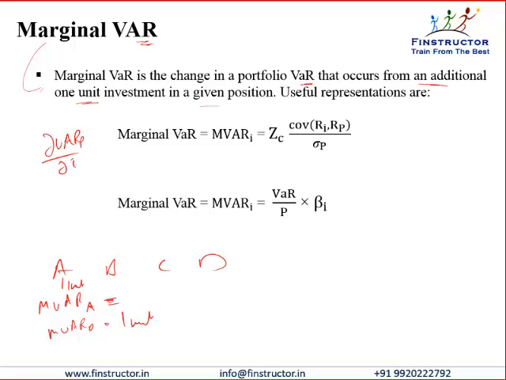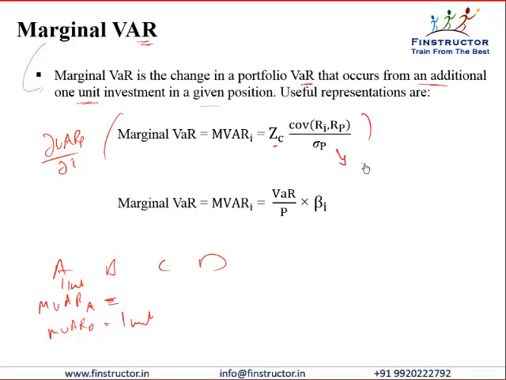So it is the slight change in the VaR of the portfolio for a slight increase in a particular investment i. Now please note, you do not need to know how this proof comes, however you do need to remember the end result. So the marginal VaR can be calculated as the z-score multiplied by the covariance of the asset with the portfolio upon the standard deviation of the portfolio.